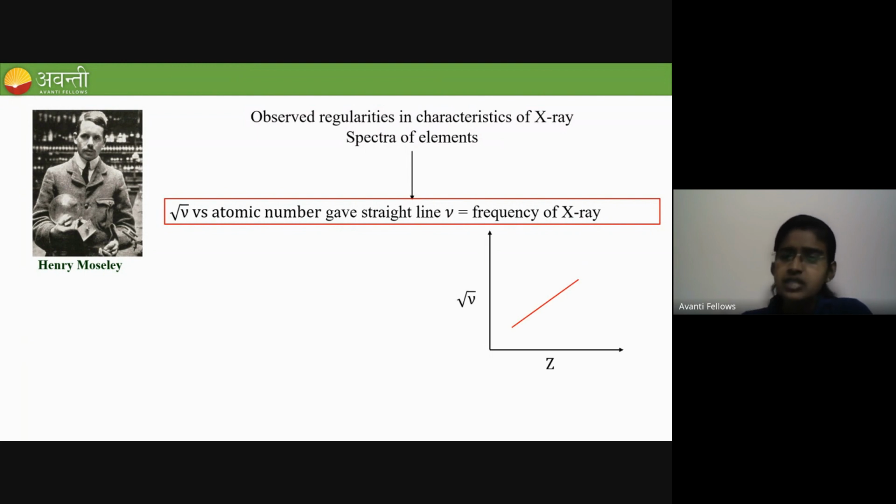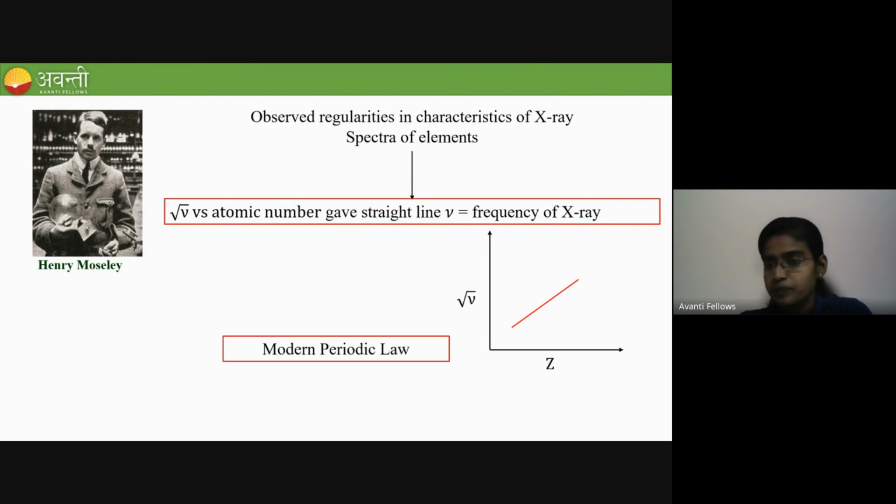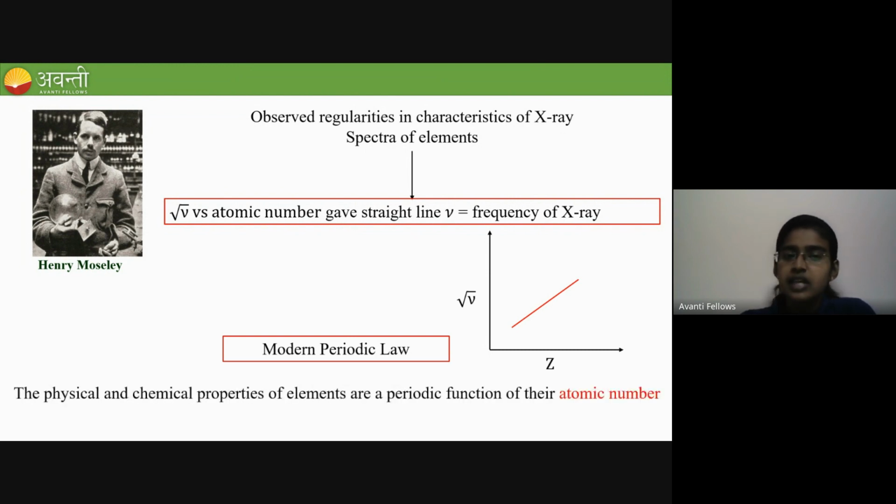From this experiment, he gave one law, and that law is called the modern periodic law. The law states that the physical and chemical properties of the elements are periodic functions of their atomic number. Whatever property we take, as the atomic number increases, it follows some regularity.